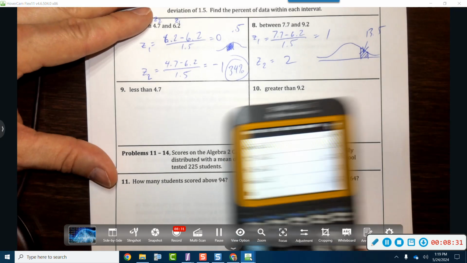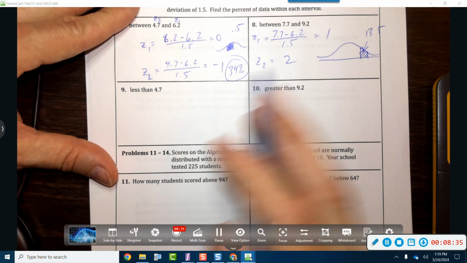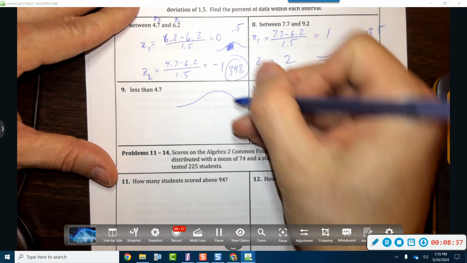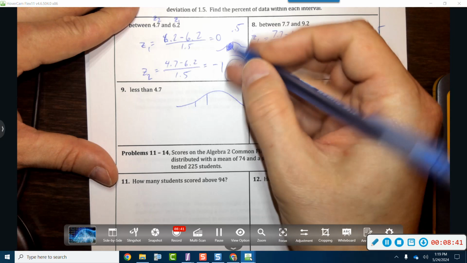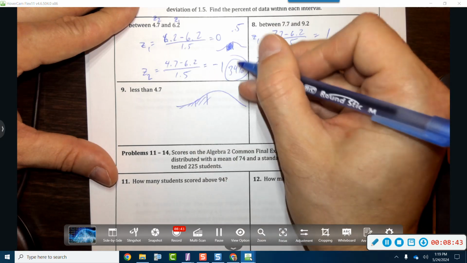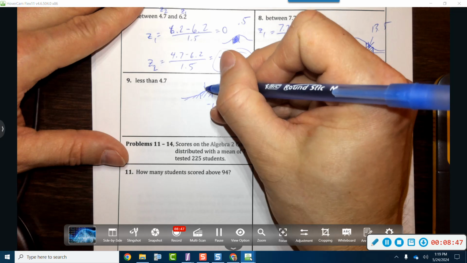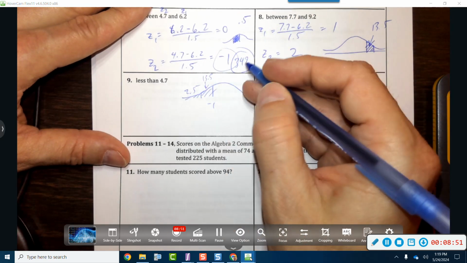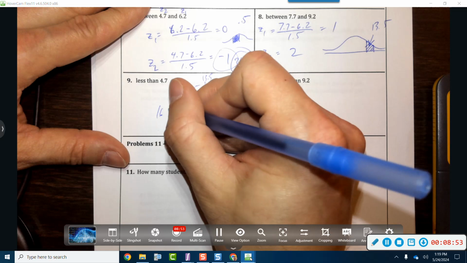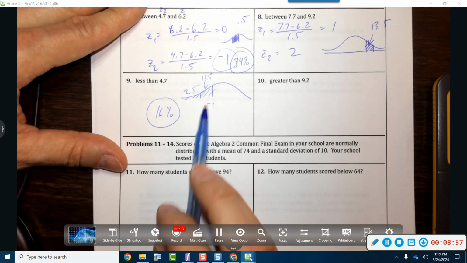I don't think so. All right, 4.7. For 4.7, we were negative 1, but if we want less than this, we want this area. We already calculated that it's negative 1. So this means that I've got 13.5, and then this guy's 2.5. So that is a total of 16% if you're going to be less than negative 1 standard deviation.